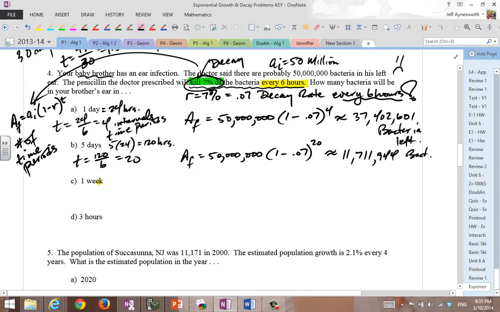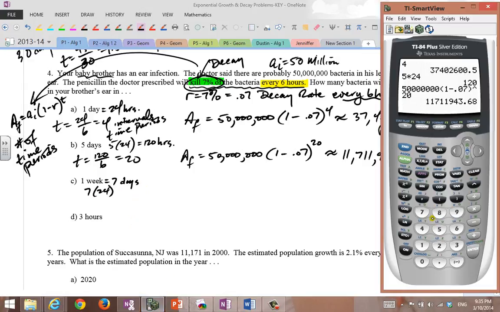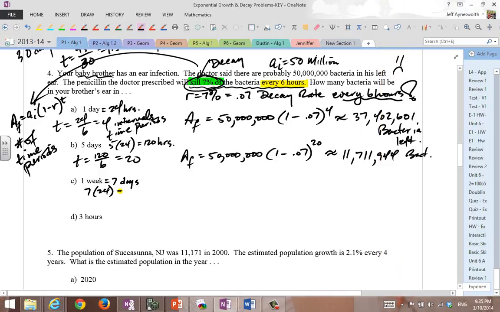All right, now after 1 week, well, that's 7 days, right? So after 7 days, that's 7 times 24 hours, that's 168 hours. So what's T in this case? Well, it's 168 divided by 6. Again, this number is so important here, guys.